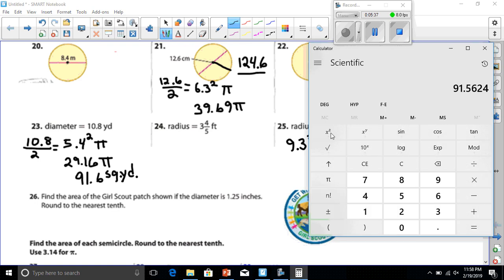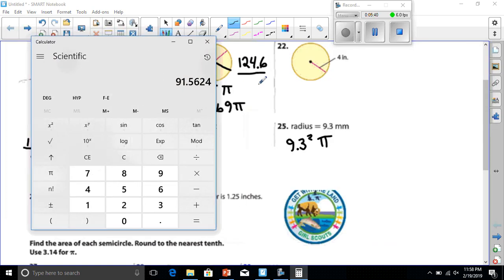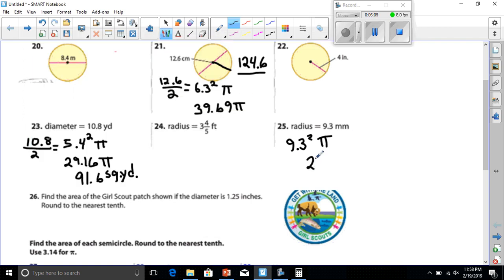Let's try it quickly now, shall we? 9.3 times 9.3 equals this, times 3.14. That's the pi that we just multiplied in. And that gives us 271.57. Rounding up, since 7 is bigger than 5, that'll be 271.6.